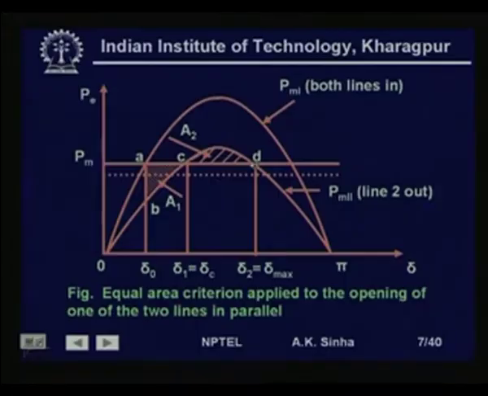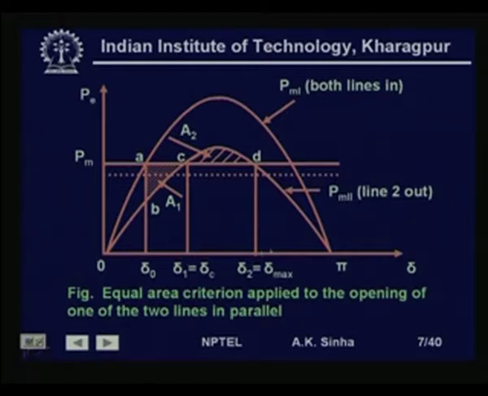So, this is the maximum power at which we can work, and the angle at this point D, which is delta 2, is the maximum angle delta max. This delta max will be equal to pi minus delta 1.